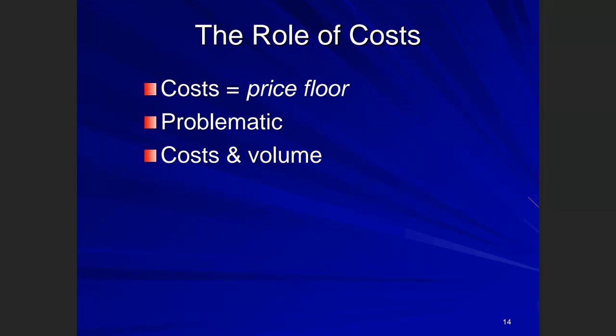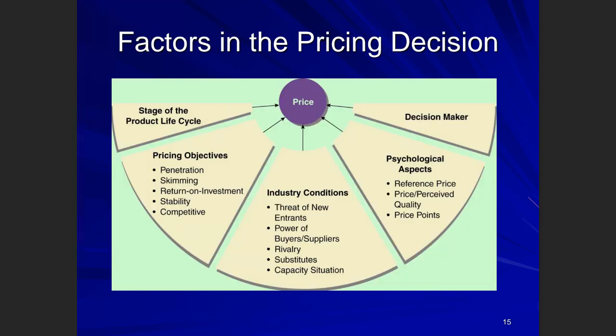So therefore, how do we set the price, and what kind of things do we consider when we're engaged in setting price? Well, there are a whole lot of things that we need to consider and understand as we proceed to setting price.